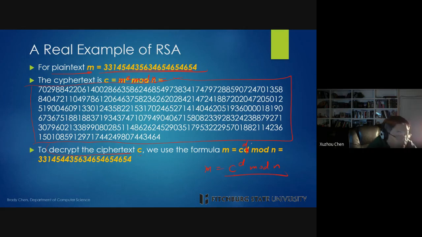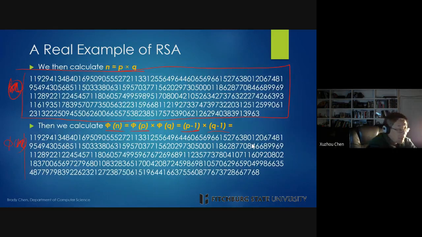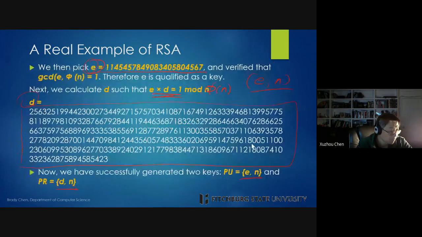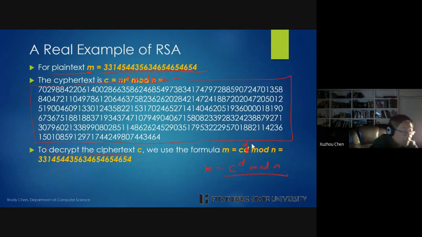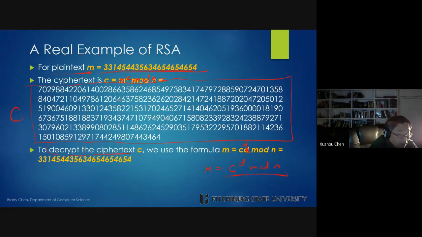Why? Because C is huge, right? C is this. Let me see, what is C? Oh, this is C. So that's a huge number. And then C to the power d. What is d? This is d. Now, what is C to the d modulo n?